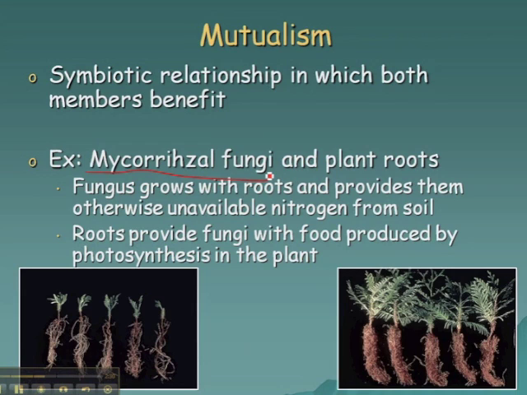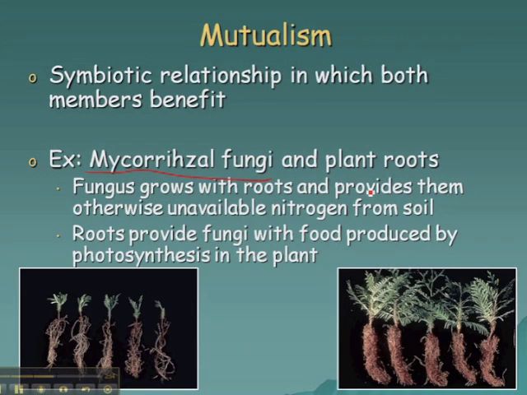Okay, so the fungus actually, these are very cool, grows with the roots and provides them with a lot of nitrogen from the soil that they wouldn't otherwise be able to get. And the roots give the fungus food produced.